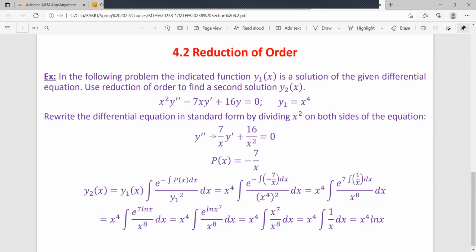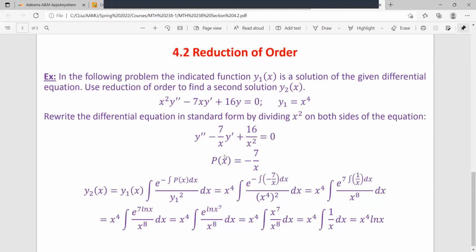Because you remember you have to divide by x squared for each term on the left, and in the second term, one of the x will be canceled. So that's why we get the 7 over x.